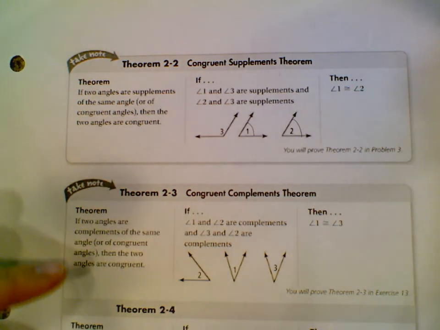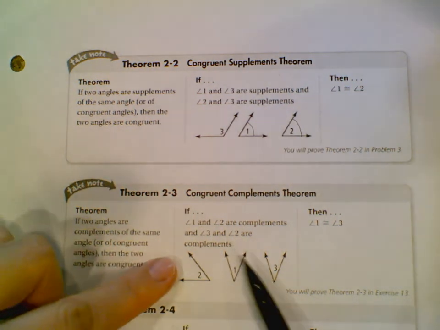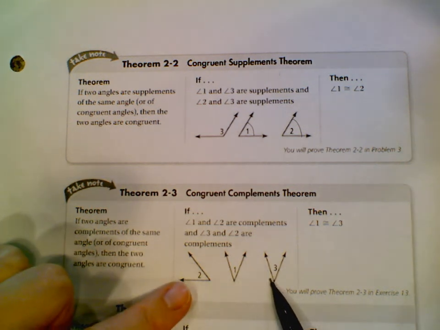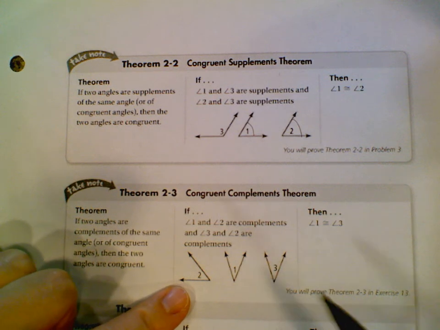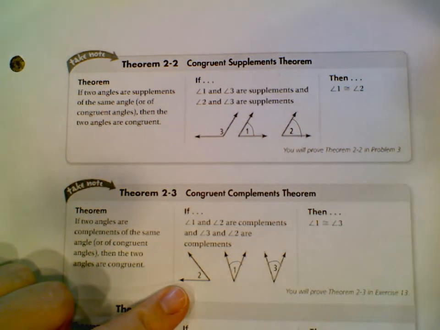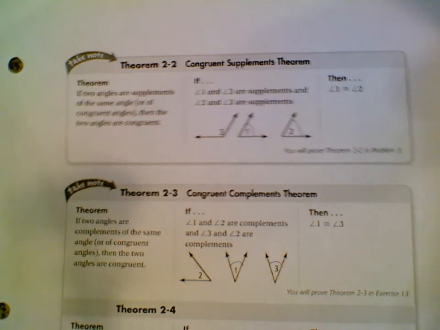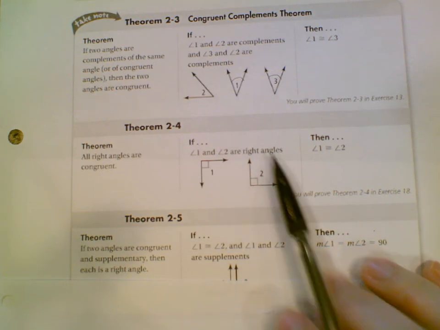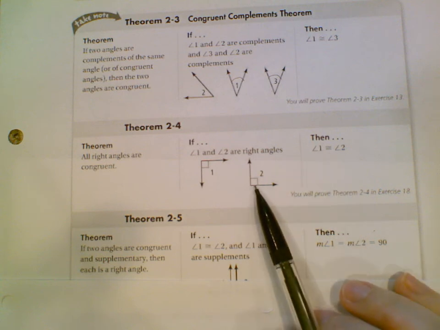Okay? Congruent complements theorem. If angle 1 and angle 2 are complements, which means they're complementary, add to 90, and if 3 and 2 are complements, which means they add to 90, then I know that 1 and 3 have to be congruent. Theorem 2.4. All right angles are congruent. So if they're right angles, I know they're congruent. That's a no-brainer.